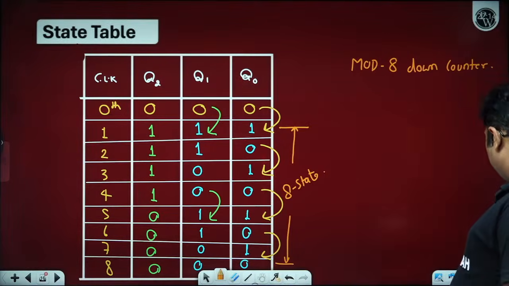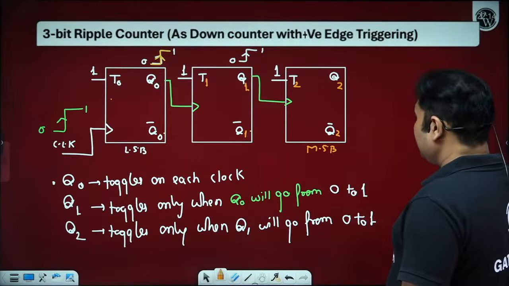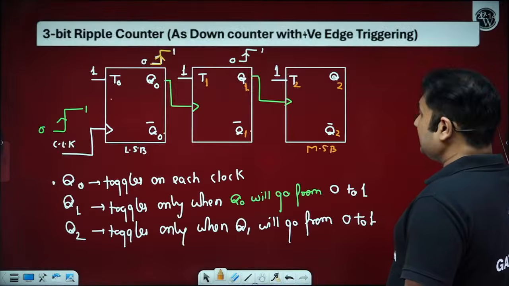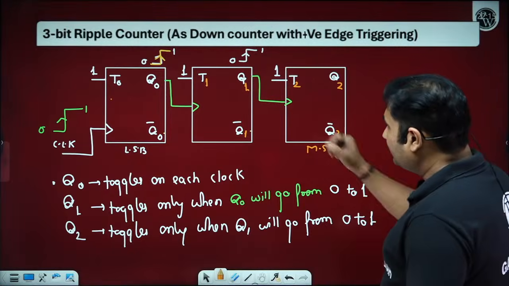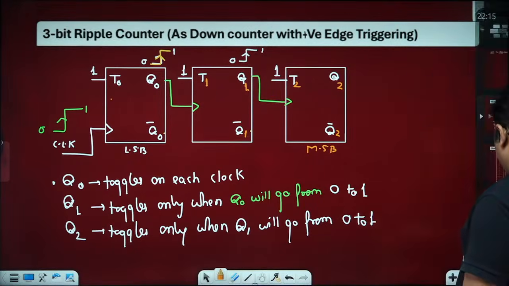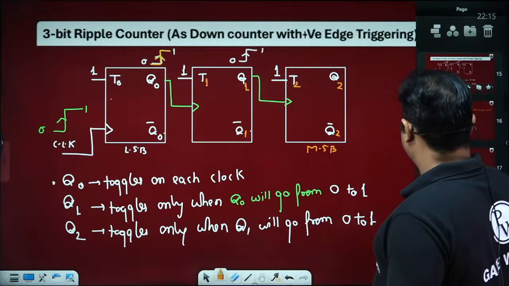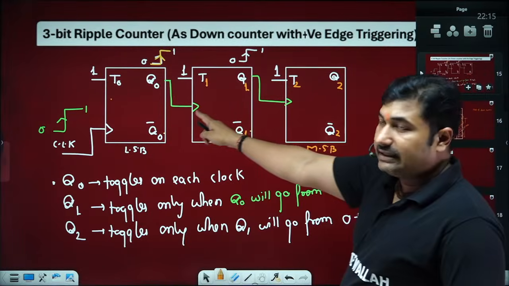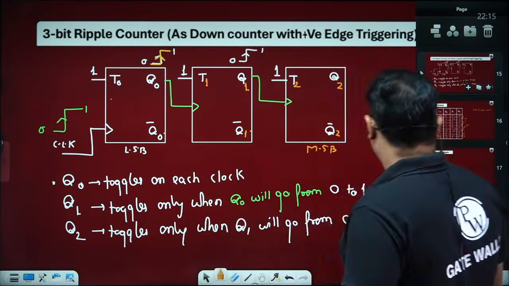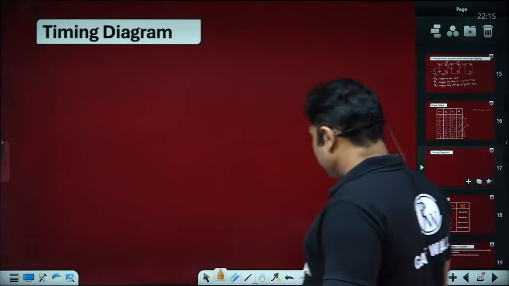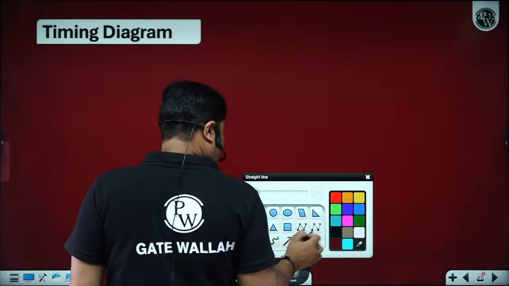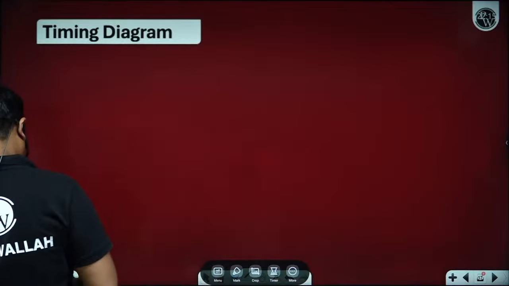Great, sir. We can also see the frequencies. If we observe the timing diagram for this circuit, then its timing diagram will become, please observe beta ji.